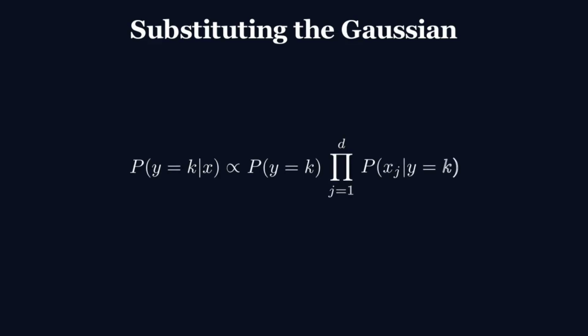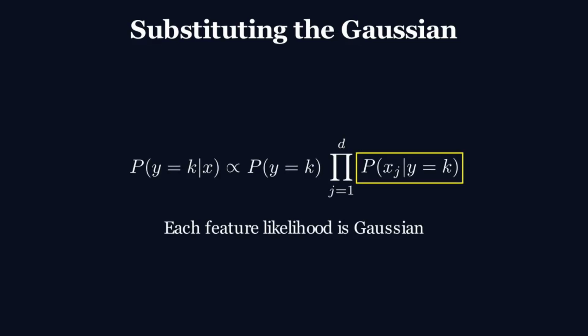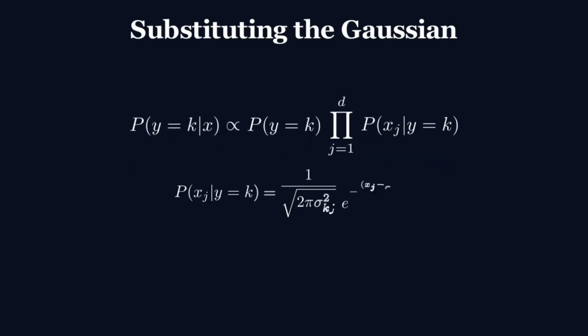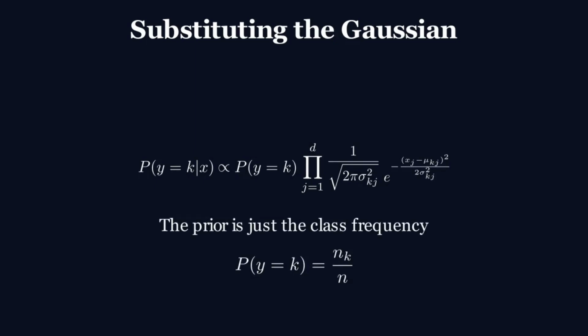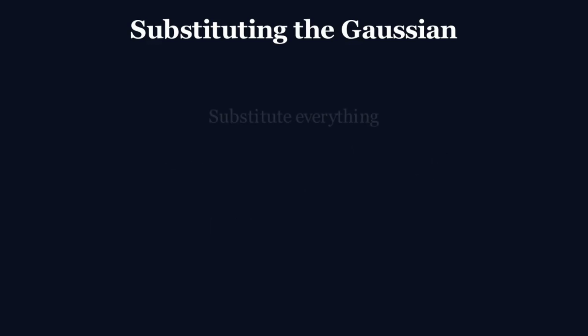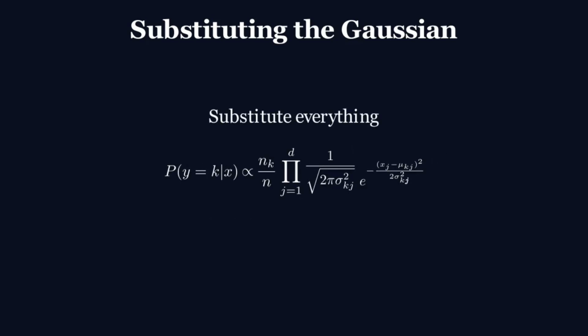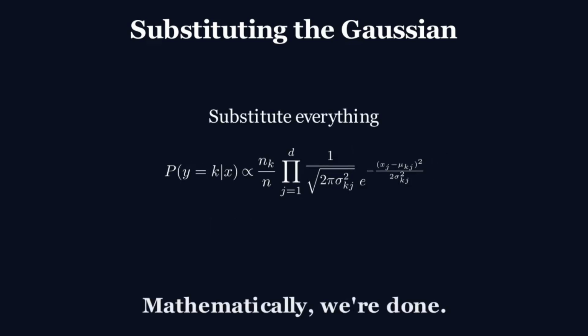And since each feature within each class is modeled as a Gaussian distribution, we can substitute the Gaussian equation over here. And the probability of y equals k is simply the proportion of our training data belonging to class k, so we can substitute that as well.